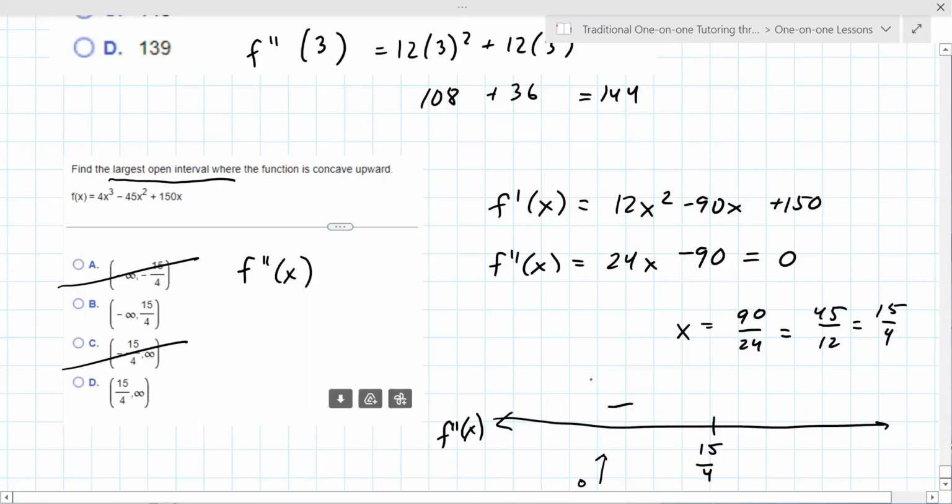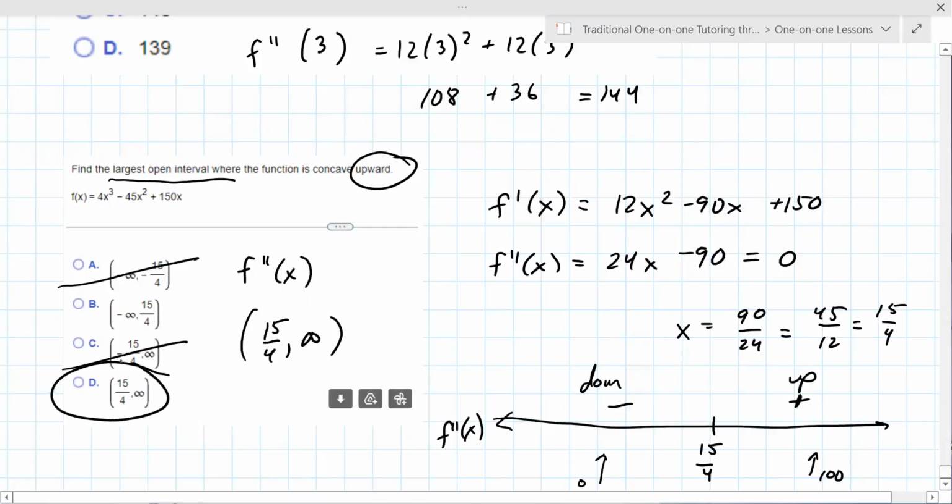So that's concave down. If you test, let's say, 100, because you really just have to test anything bigger than it, 24 times 100 minus 90 is positive. That's where it's concave up. We want to know where it's concave up, so we want the interval from 15 over 4 to infinity. Like that. All right, so let me go ahead and do this.